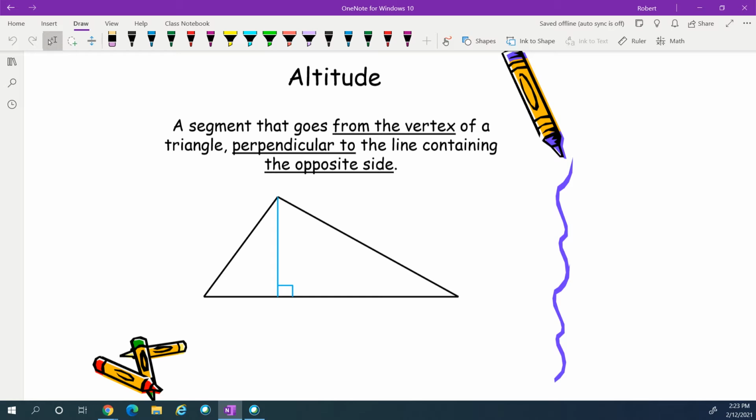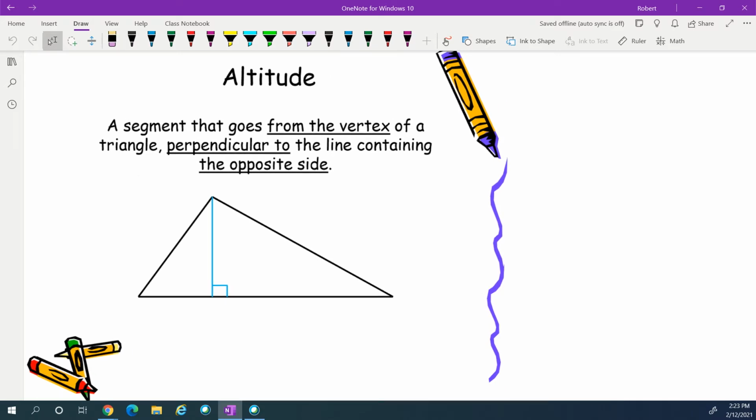Now, why does it have to have that language, the line containing the opposite side? If you guys think back to probably elementary, but definitely middle school, you've seen triangles. Remember when you're trying to do area equals 1/2 base times height. And sometimes you're shown the height on the outside, well, altitude is a fancy word for height.